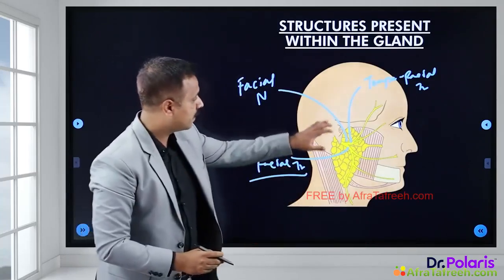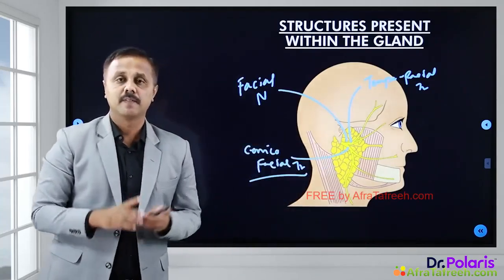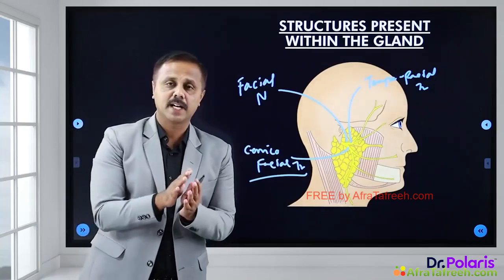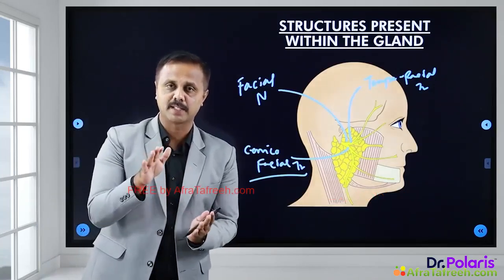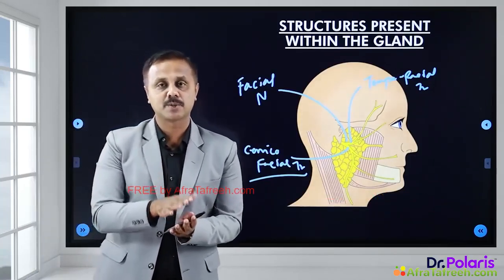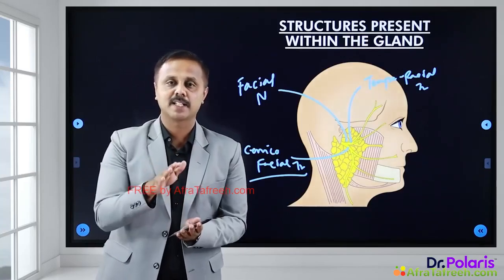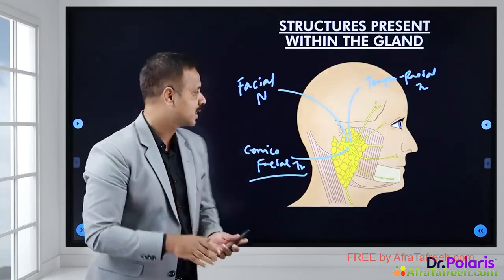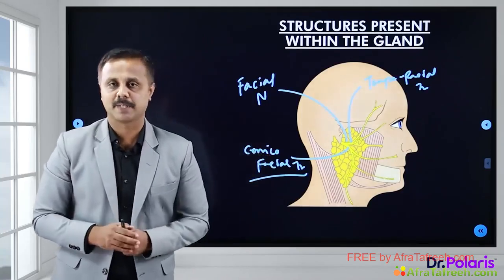The presence of the facial nerve within the parotid gland will divide the entire parotid gland into two parts. The part that lies superficial to it is also referred to as the superficial lobe of the parotid, whereas the part that lies below it is referred to as the deep lobe of parotid.